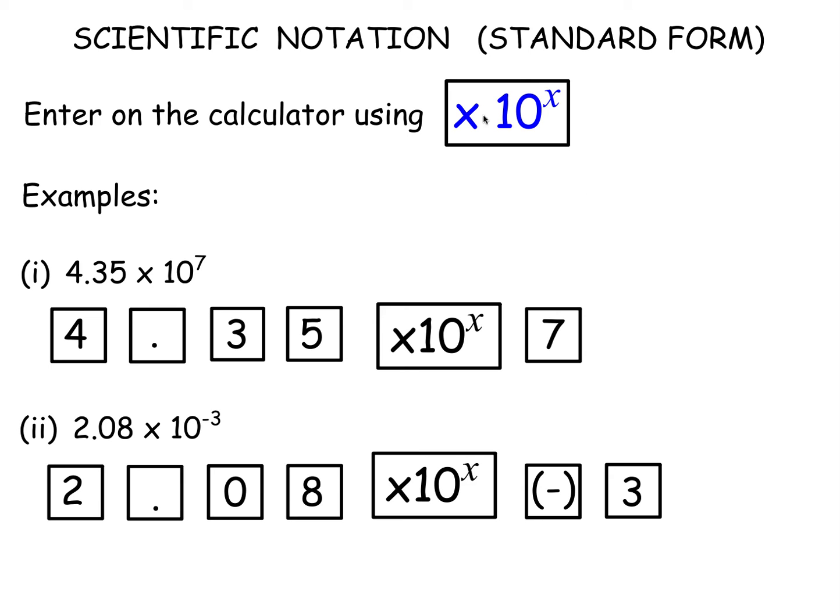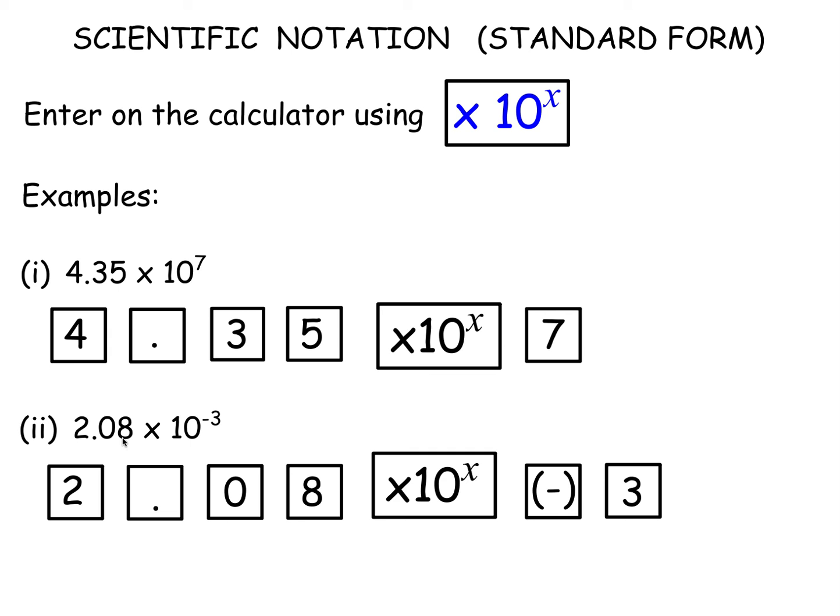Other calculators may have different buttons, but the reference here is to this button or its equivalent. So if you want to enter 4.35 times 10 to the power 7 on the calculator, you enter 4.35, press that button times 10 to the power x on the Casio and enter 7, and that's it in scientific notation. It will be displayed in that form on the calculator display.